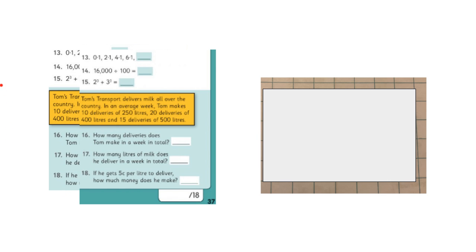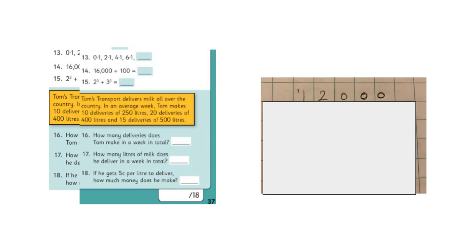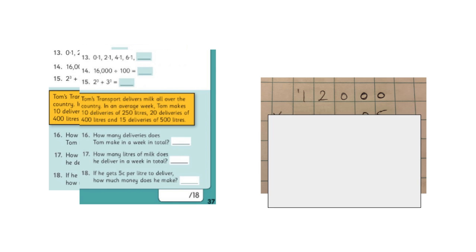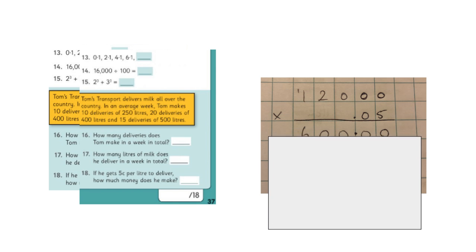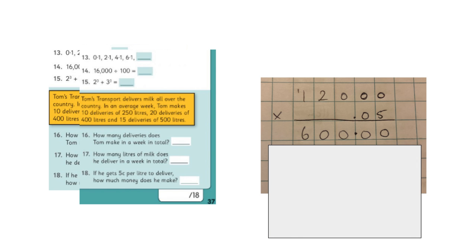For this one, say he's getting 5 cents per litre. I don't know if it is the answer, but if he delivers, say, 12,000 litres, you're going to multiply that by 5 cents. Remember, 5 cents will be 0.05. If it was 10 cents, it'd be 0.10.